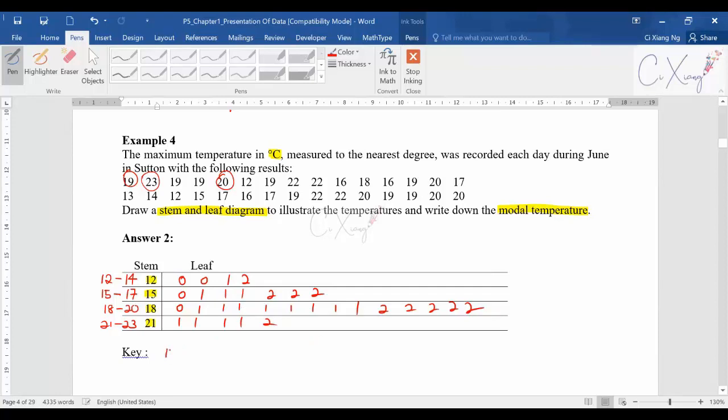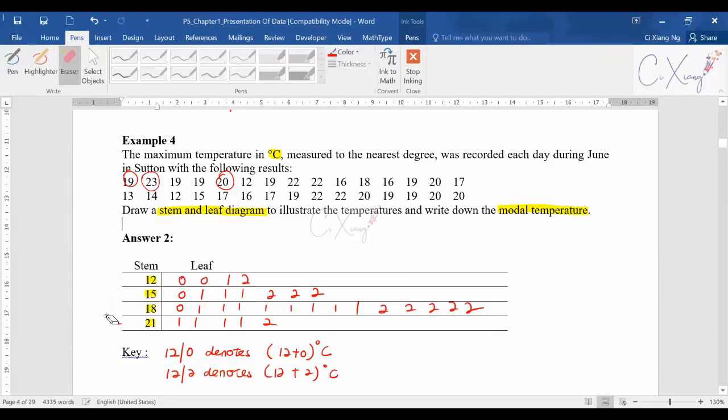So you can write 12 stroke 0 denotes 12 plus 0 Celsius. Then if that's 12 stroke 2, you can write it as denotes 12 plus 2 Celsius, which is 4 here. So you can write any one, you can just write one only if you want. And in the exam, no need to show all this. This is for your understanding only.